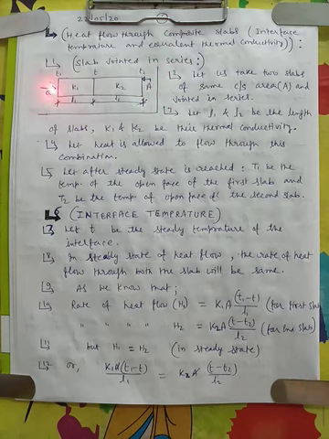We will find out what will be the rate of flow of heat and what will be the equivalent thermal conductivity. In place of K1 and K2 we can take equivalent thermal conductivity for the combination, and we will also find out an expression for the interface temperature.